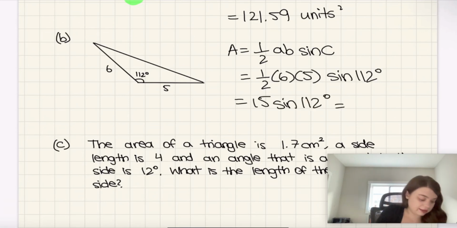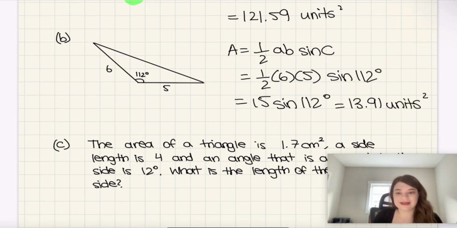If we grab our calculator, 15 sine 112 is equal to about 13.91 square units when rounded to the nearest two decimal places.